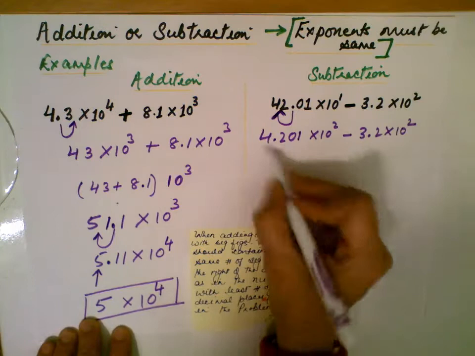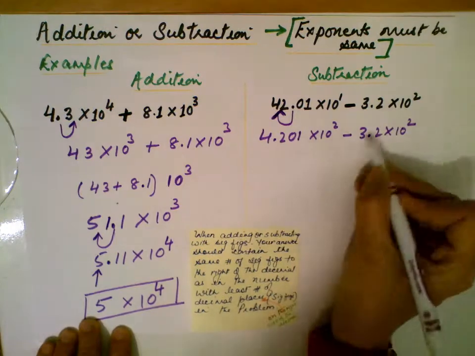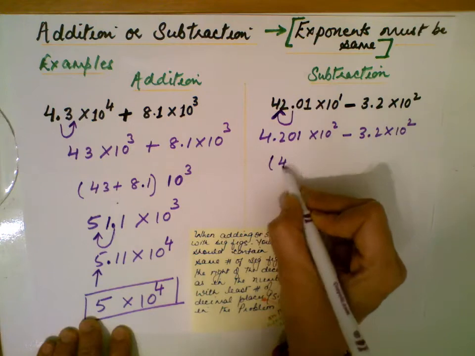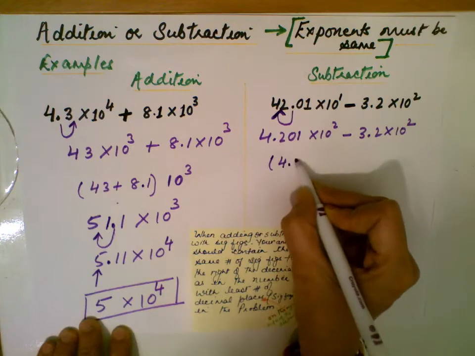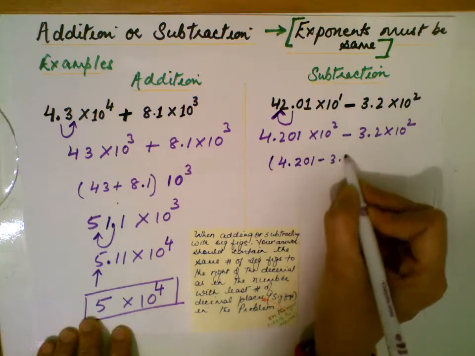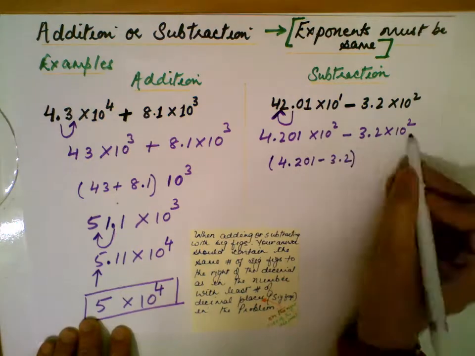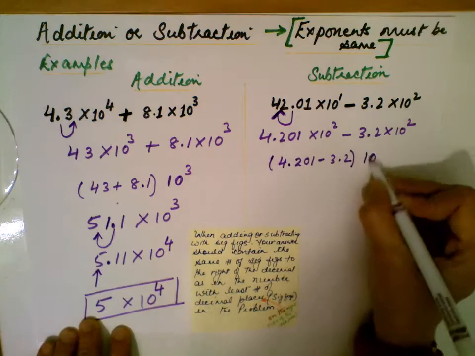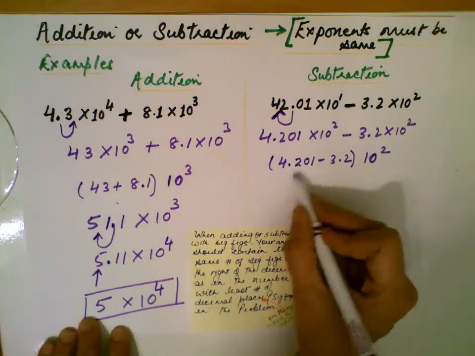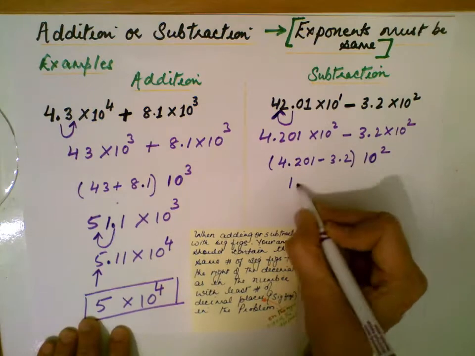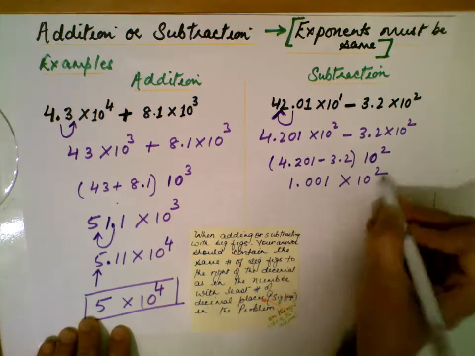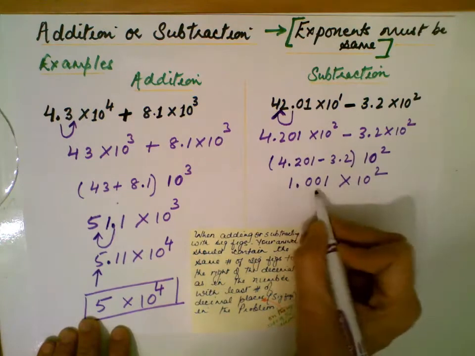Now this coefficient and this coefficient, you are going to subtract them: 4.201 minus 3.2. And you don't do anything to the exponent. It remains the same. Now use the calculator, subtract this, you are going to get 1.001, and here you have 10 raised to power 2. Now this is correct scientific notation.